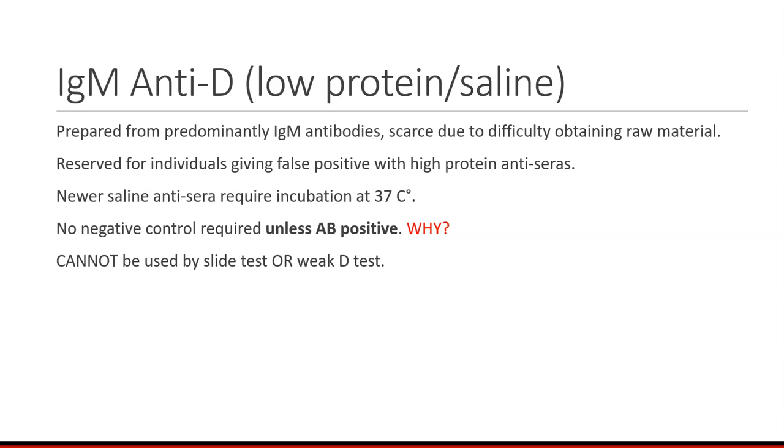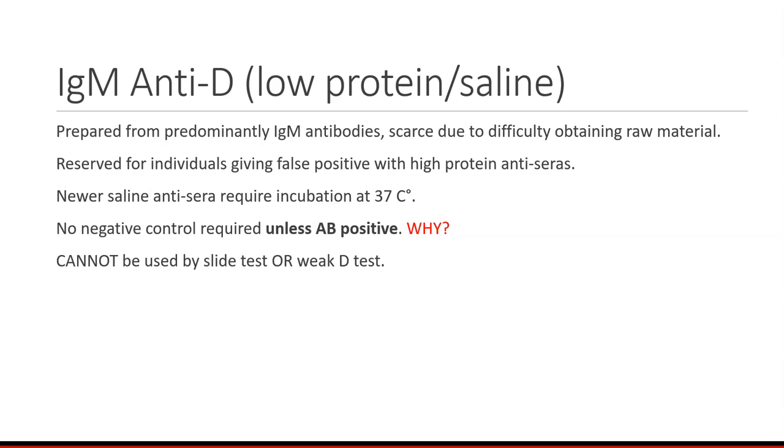The newer saline antisera require an incubation at 37. No negative controls required unless the patient's AB pos. And the reason for this is that it's a saline solution, but if you do not have a cell in the forward type giving a negative reaction, you must always run a D control.